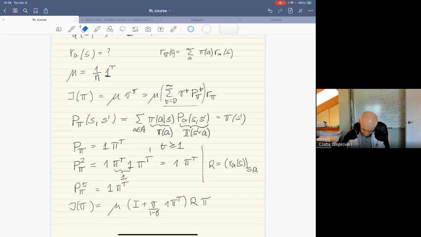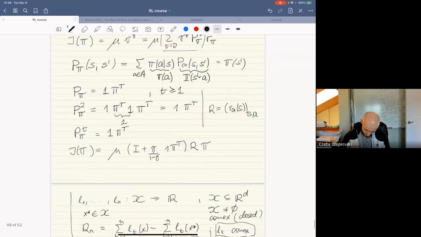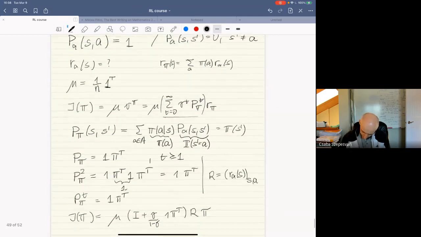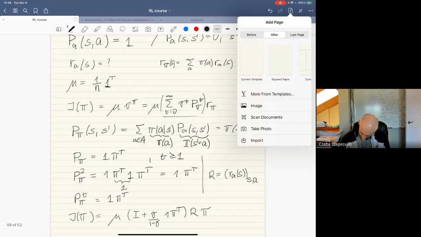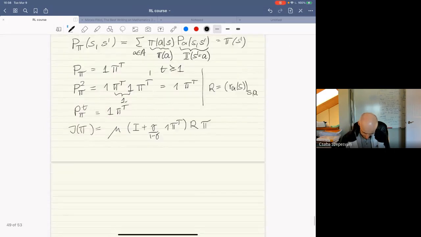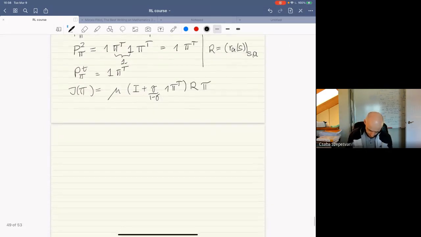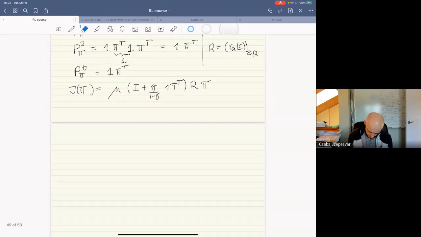this beautiful expression. Oh, look at that. So this is going to be equal to, there is a first term. This is identity that multiplies R, then pi.